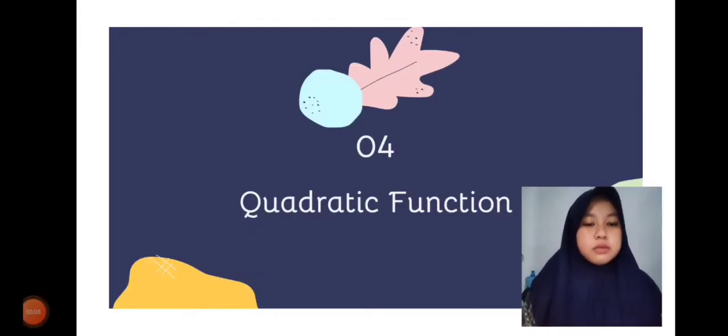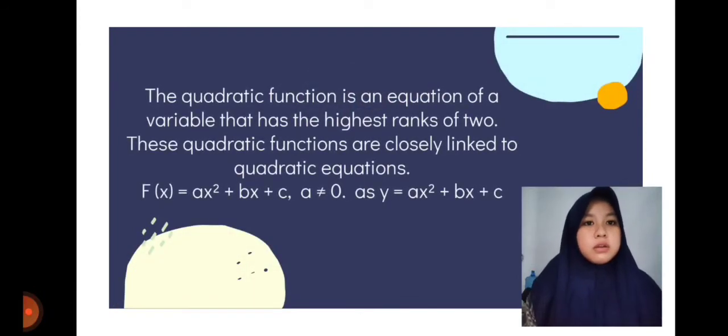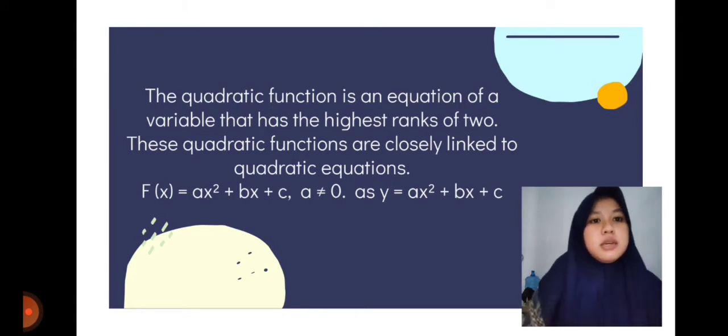Quadratic functions. What is the meaning of quadratic function? A quadratic function is an equation of a variable that has the highest power of 2. These quadratic functions are closely linked to quadratic equation.